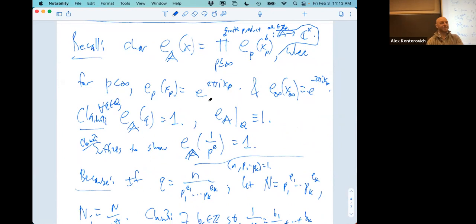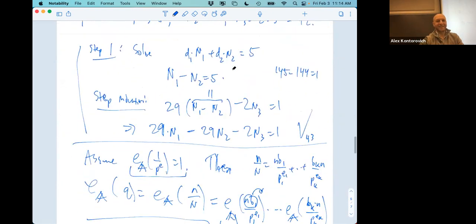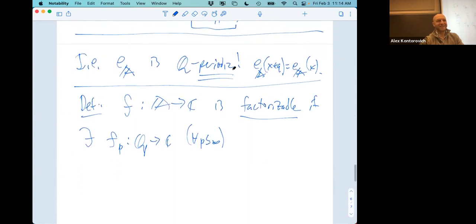As for the symbol infinity, it's the prime at infinity as opposed to the prime at 0 or the prime at minus 1. No good reason, just convention.